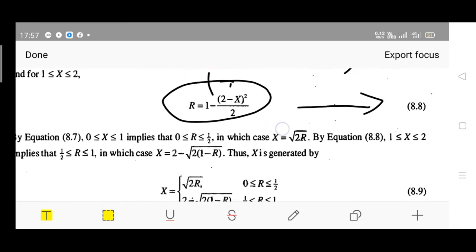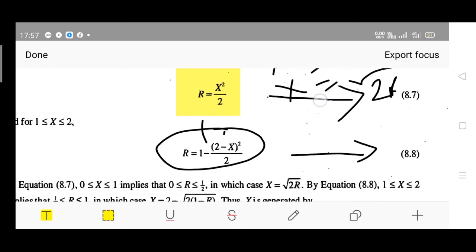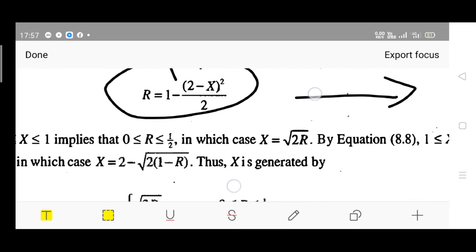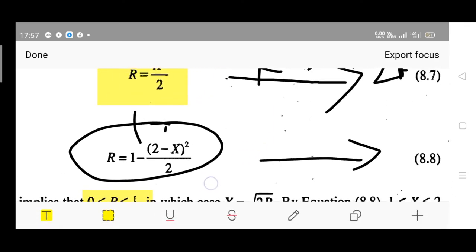That is for r which lies between 0 and half, because we are considering the square root. While writing the range, please be careful, since the range is not between 0 and 1, because square root means to the power of 1 by 2.